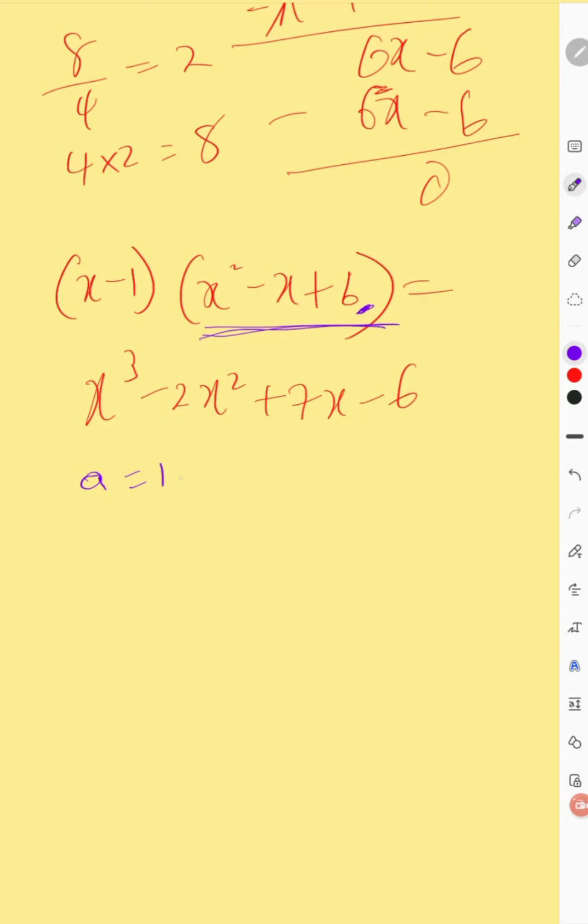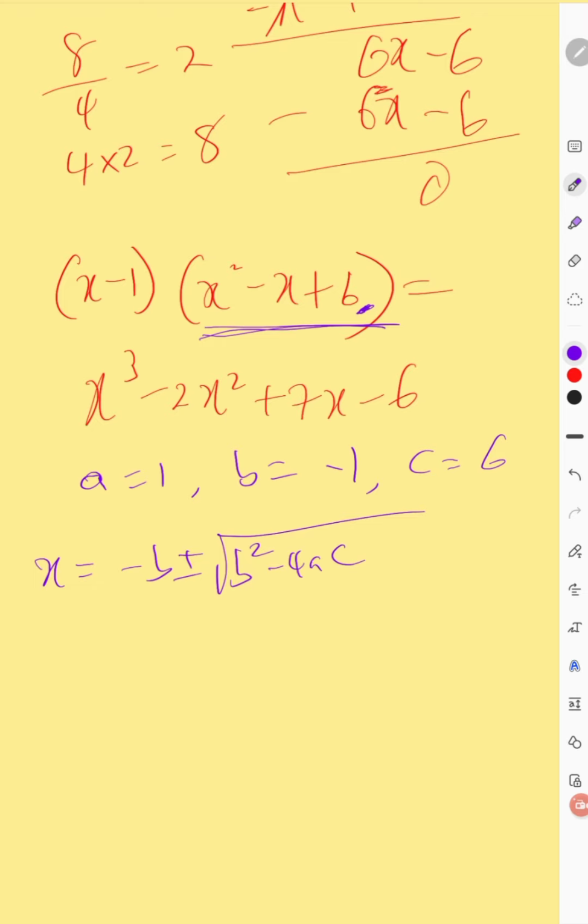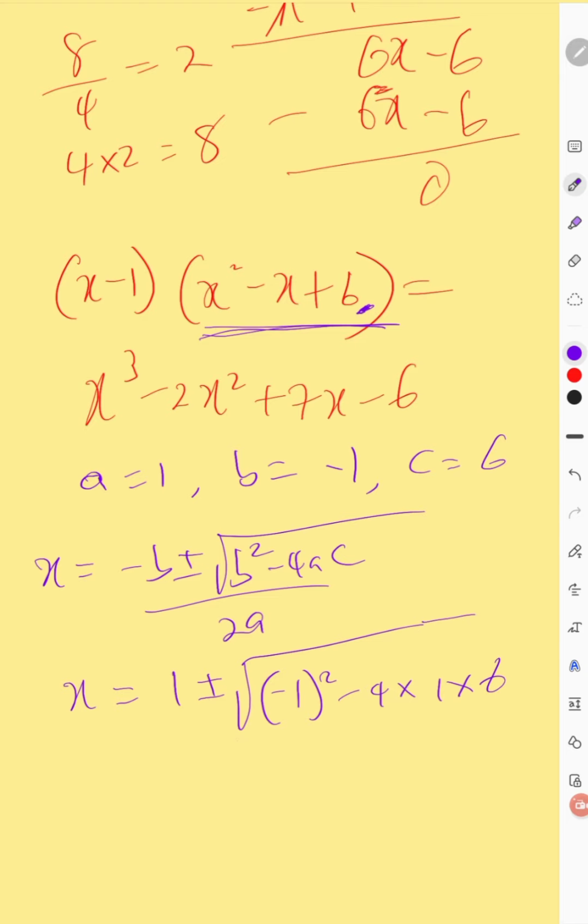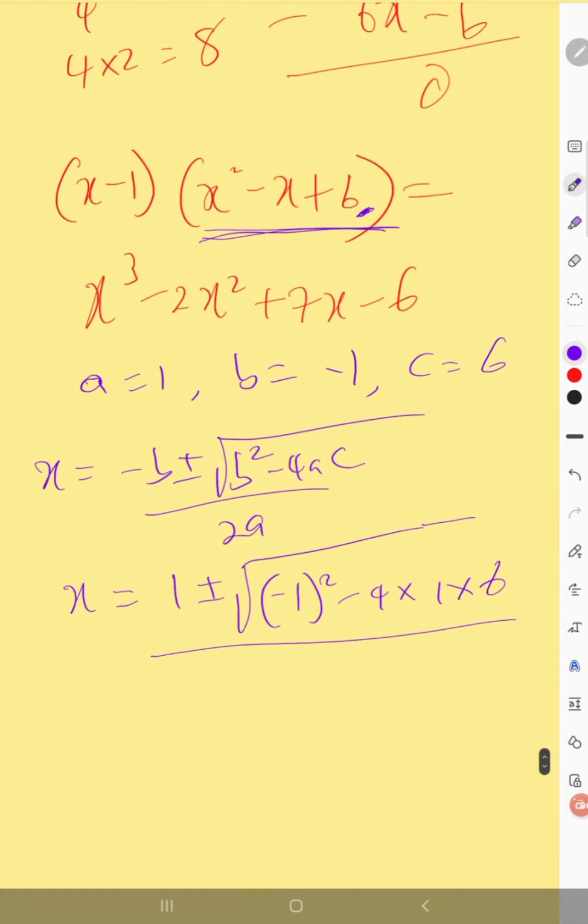Our a is 1, b is minus 1, and c is equal to 6. So x is minus b plus or minus square root of b squared minus 4ac, all over 2a. So x will now be 1 plus or minus square root of minus 1 squared minus 4 times a, which is 1, times c, which is 6, all over 2 multiplied by a, which is equal to 1.